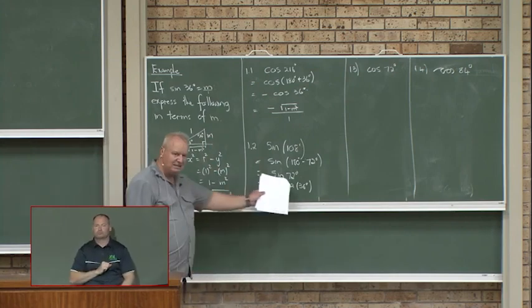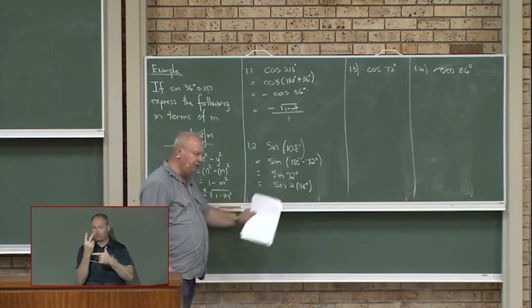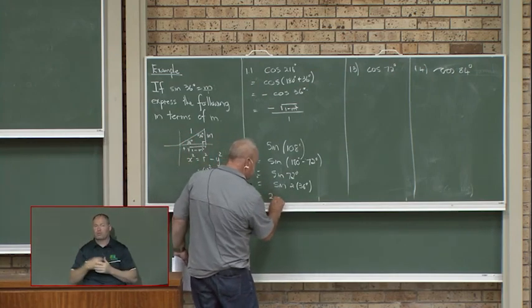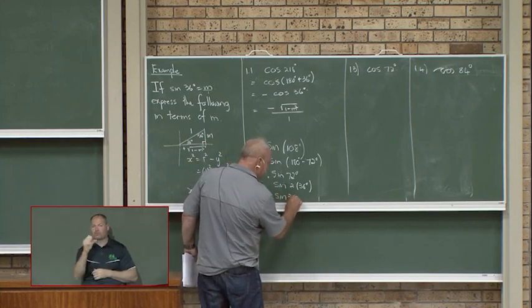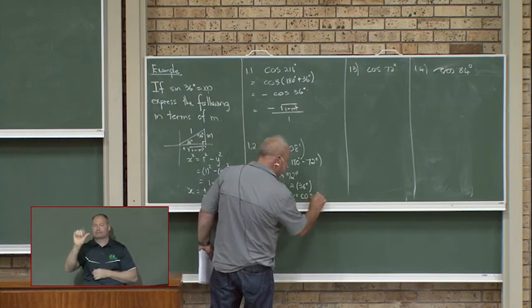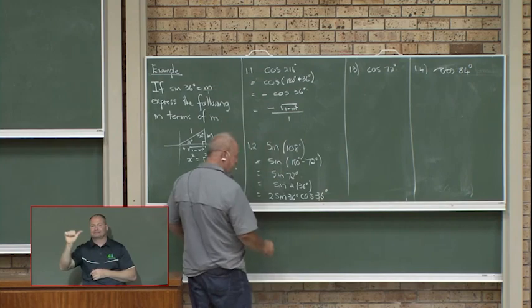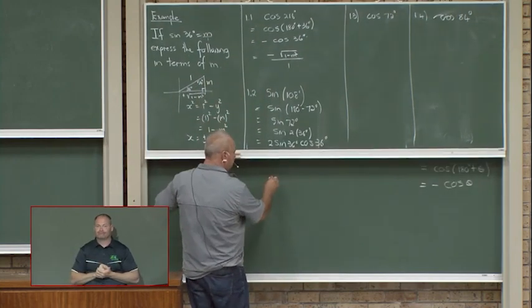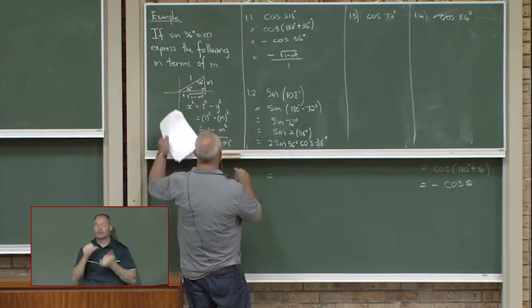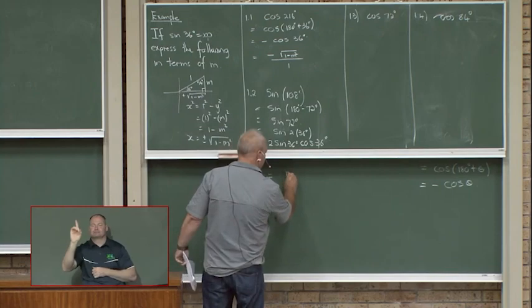Now this here is a double angle. The sine of 2 theta is equal to 2 sine 36 degrees, cos of 36 degrees. Are you happy? And the sine of 36 degrees is m over 1.